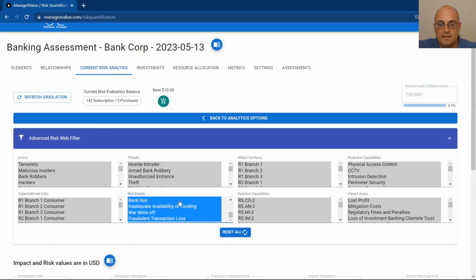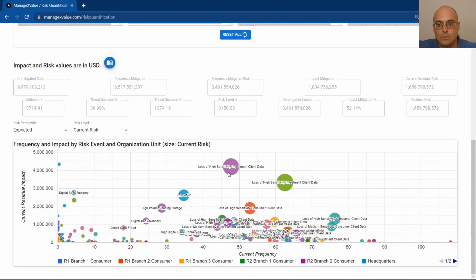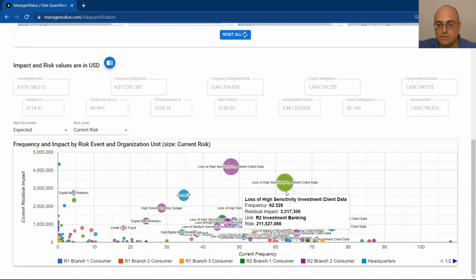In the risk event selection, we can eliminate these two black swan categories, and that way we can really focus on what the major risk categories are. The main categories, as you can see, really relate to the loss of high sensitivity investment client data in various parts of the organization.